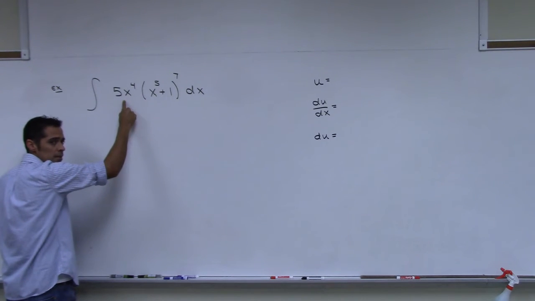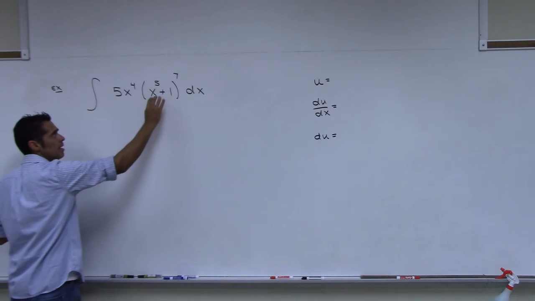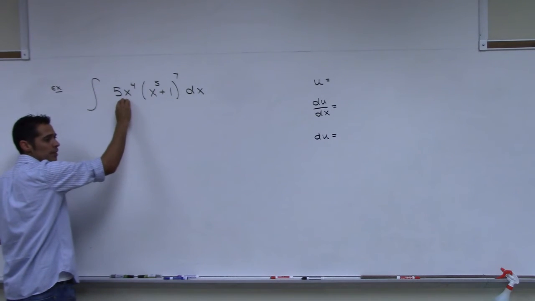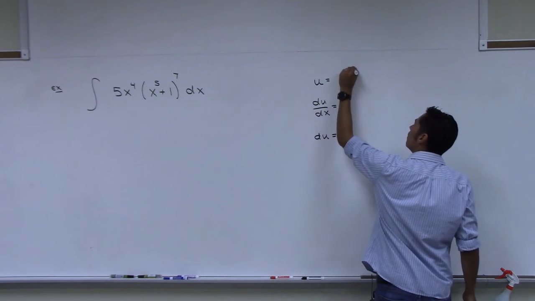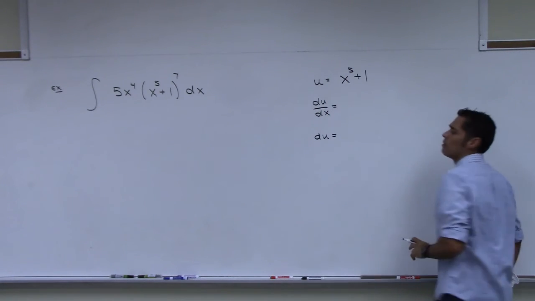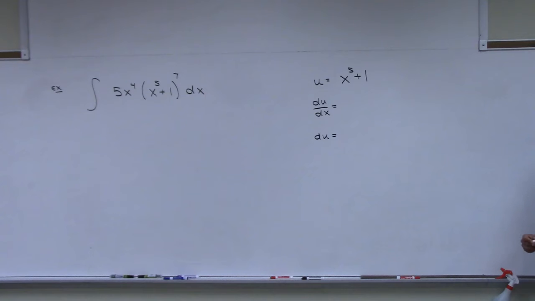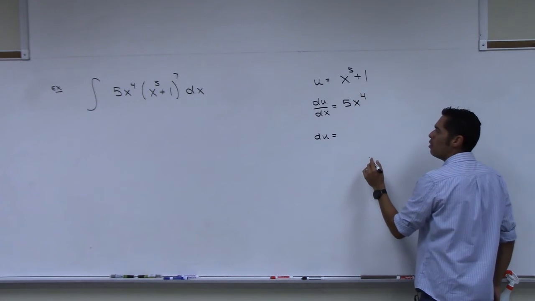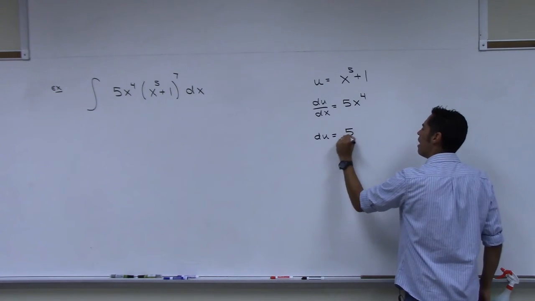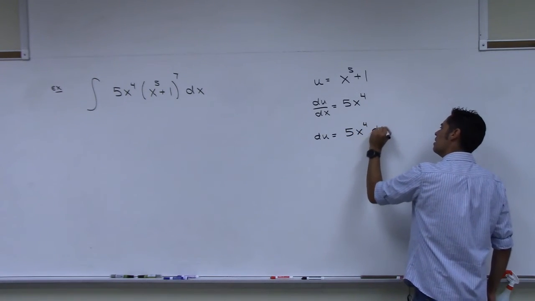Agreed? That's what we all need to see. So I'm going to let u be x to the fifth plus 1. Its derivative is 5x to the fourth, and when we multiply both sides by dx, we get 5x to the fourth dx.